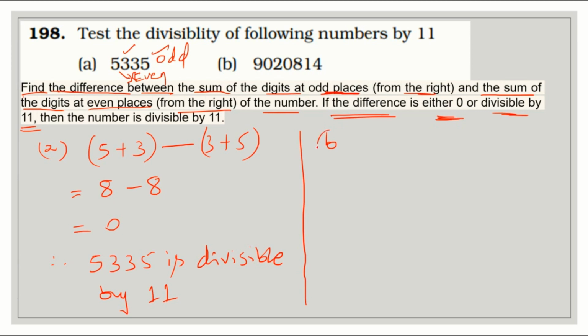In the case of B, I am choosing 4, 8, 2, 9, which are all odd places. 4 plus 8 plus 2 plus 9 minus, now even places, 1 plus 0 plus 0 is 1. 4 plus 8 plus 2 plus 9 is 14 plus 9, 23.